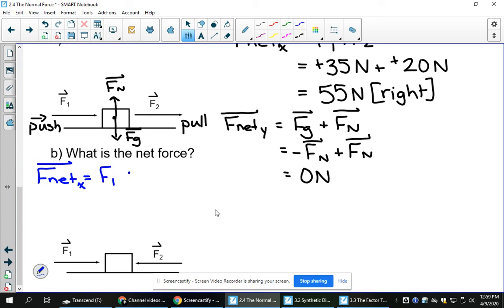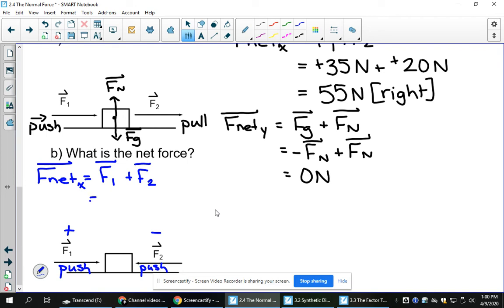It's still going to be F1 plus F2. But in this case, F1 is going right, so that's the positive direction, and F2 is pointing left, so the negative direction. This might be like somebody pushing the box this way and somebody pushes it the other way, for example.